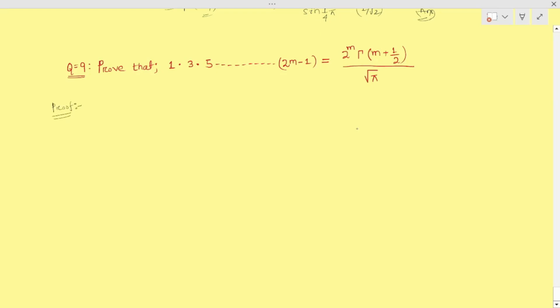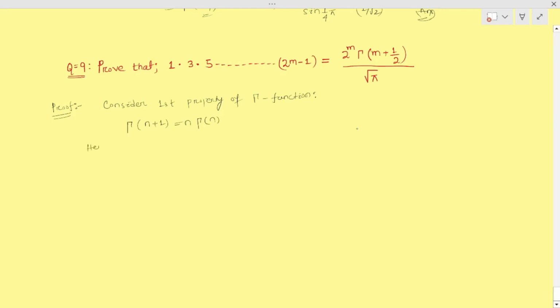To prove it, we have to consider the first property of the gamma function, that is gamma n plus 1 equal to n gamma n.